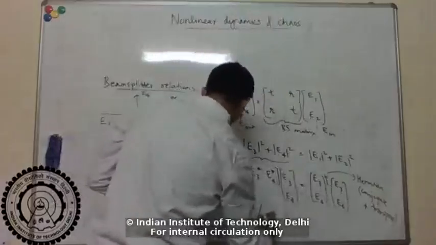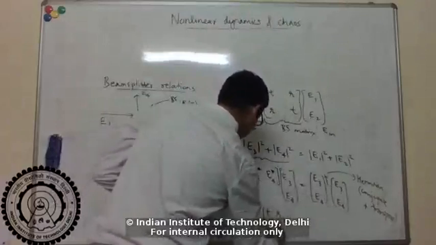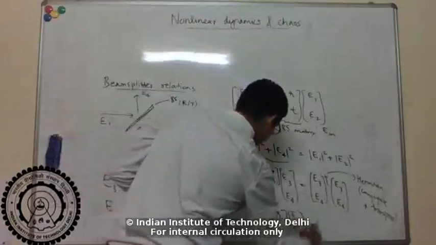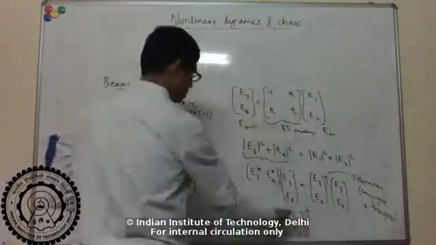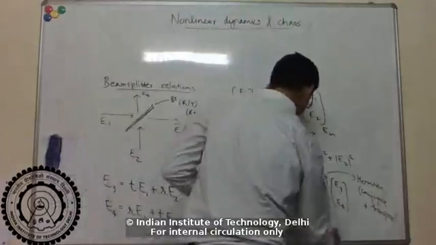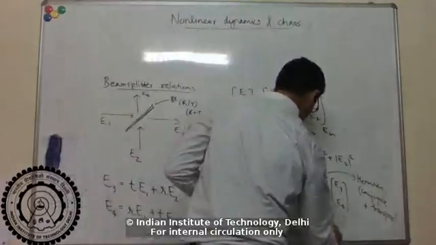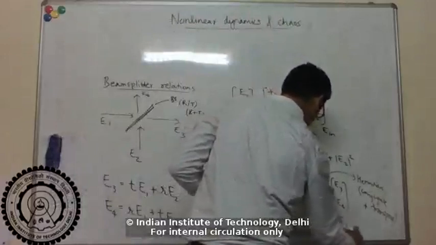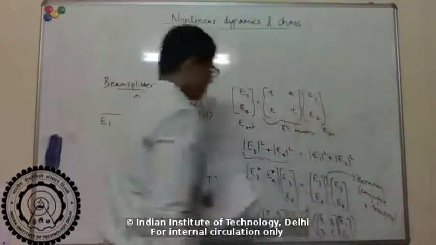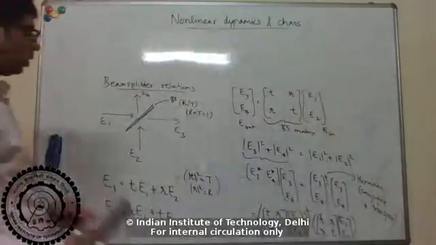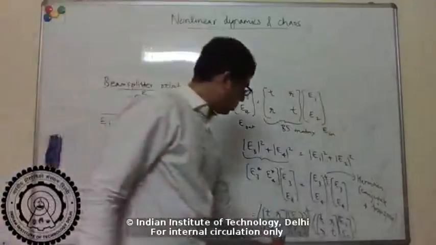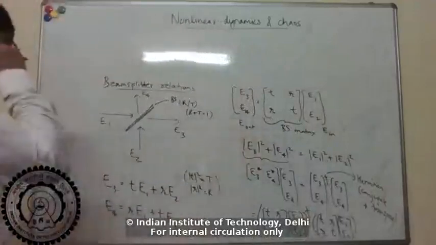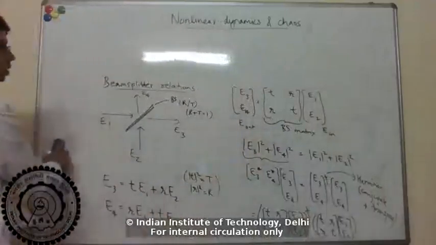That will give me a summation of this times this, right? And now we have a product of two matrices, and we want to take the Hermitian of that.